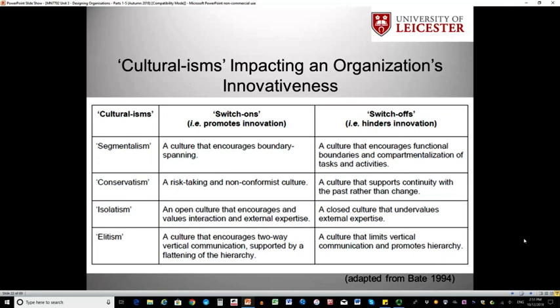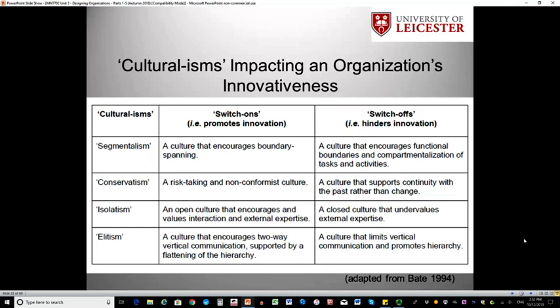One was to do with segmentalism, which is about the way in which an organisation either encourages or discourages interaction between different parts of the organisation. So you can see that ties very much into some of the things that I was talking about in relation to Burns and Stalker and Cantor. Conservatism, which is about the degree of risk-taking and the degree of change, acceptance of change.